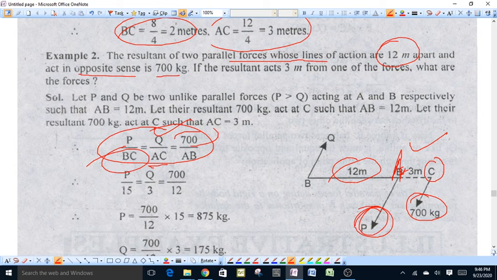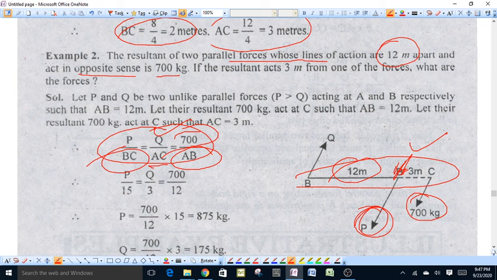Third force, which is the resultant force, 700 kg, upon the distance between P and Q, that is AB. By putting in the values, AB is equal to 12, AC is equal to 3 meters, and BC will be equal to 15 meters.